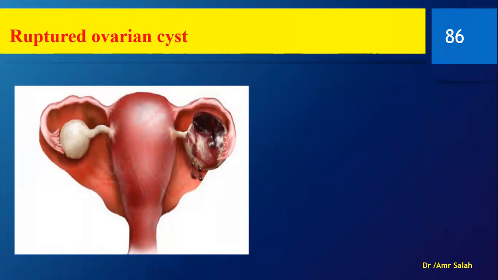Well, we have a patient here who suffers from pain in her right or left iliac fossa, and by the ultrasound, we see that she has an adnexal mass with free fluid. Now, if you see an adnexal mass and free fluid, and the patient has an acute abdomen, that's to say she's suffering from severe pain in one of her right or left iliac fossa, you might, of course, think of what?